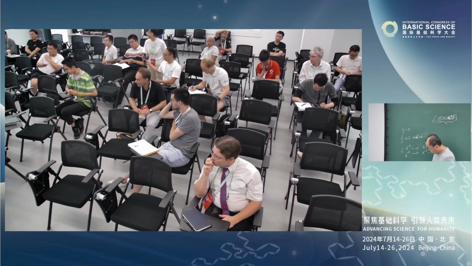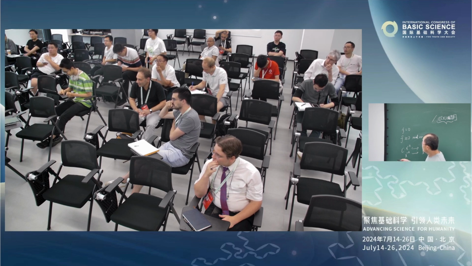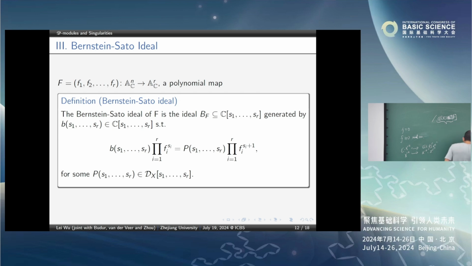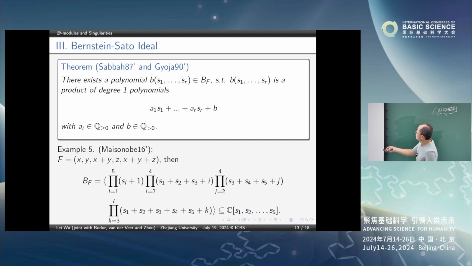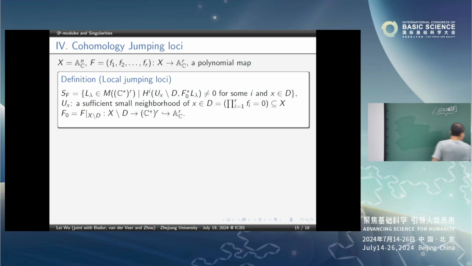So first we consider this module. Let's look at the definition. First we consider this mod s1. Let's use two variables for instance. Then we have f1^s1 f2^s2 here, and s1, s2 are variables.